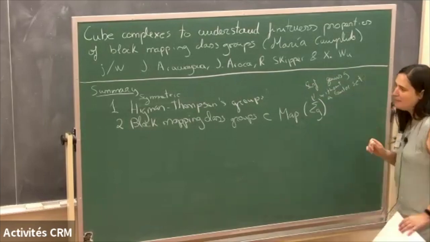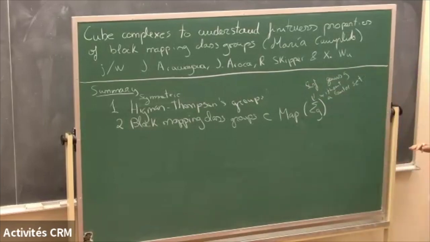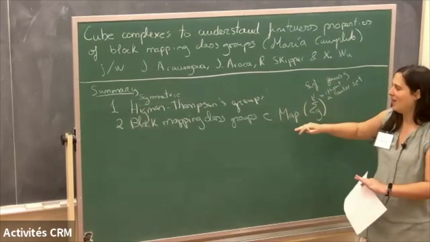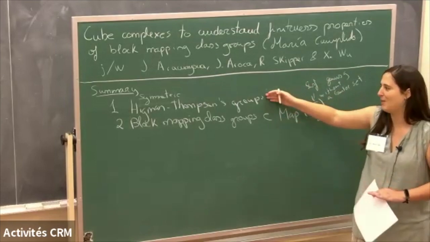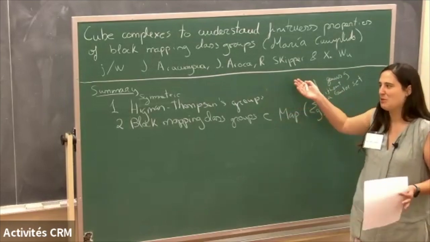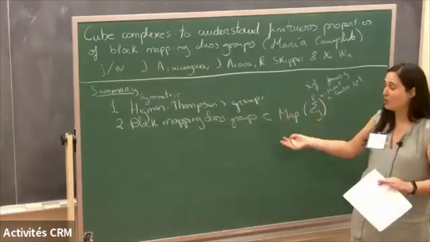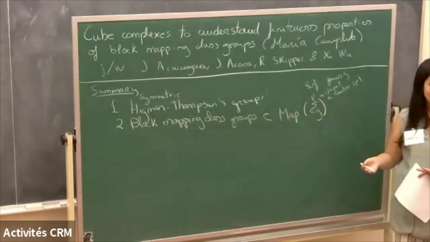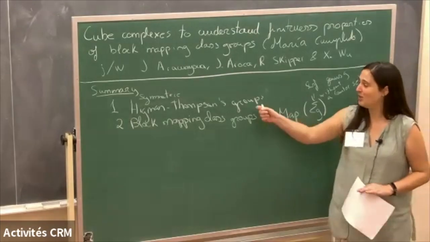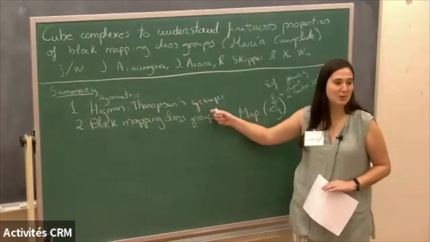And maybe those who are not into this kind of groups and know something about Thompson groups will say, okay, why Higman-Thompson groups and block mapping class groups? Actually, the story is kind of funny because there is a bridge between these two classes of groups.